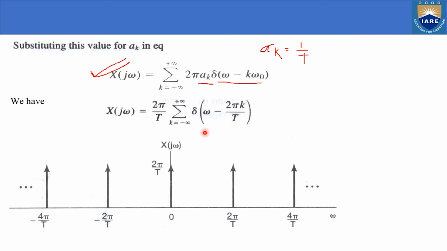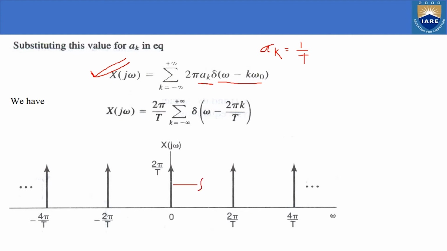So what it means, this is another sum. Again, the Fourier transform is also a summation of so many infinite impulses, but this time the amplitude is constant here. So the frequency spacing between these harmonics, what is this?